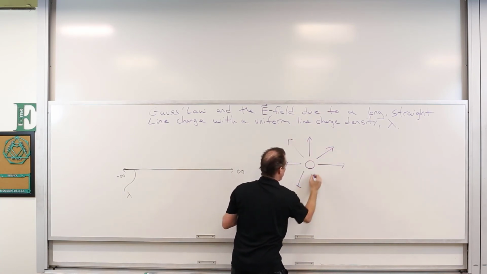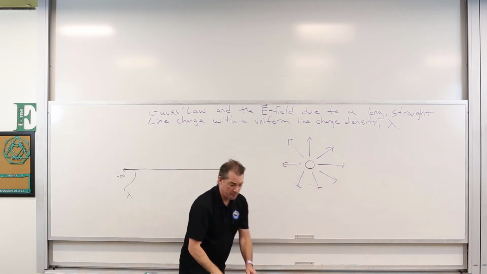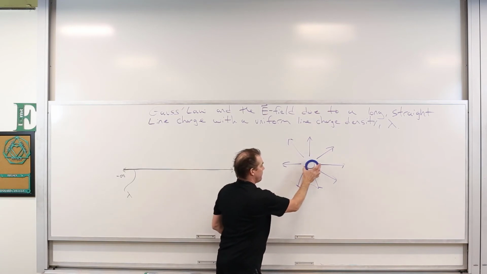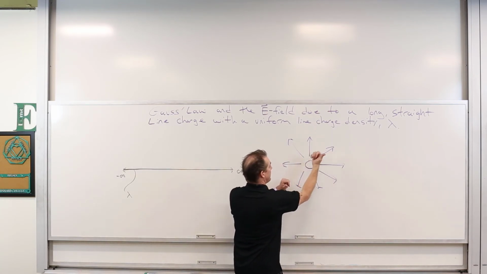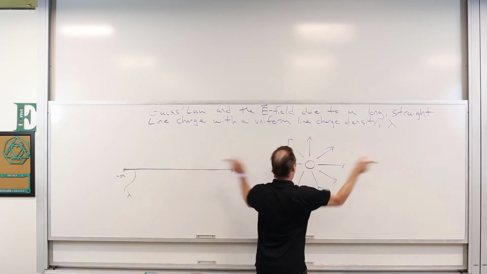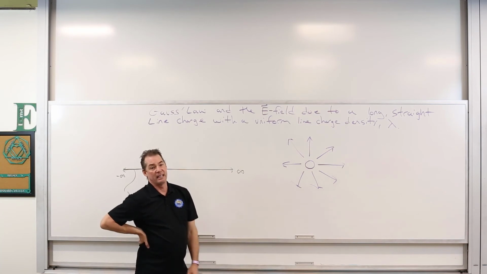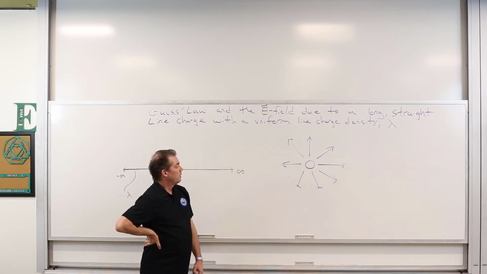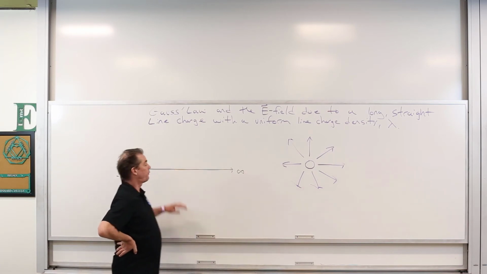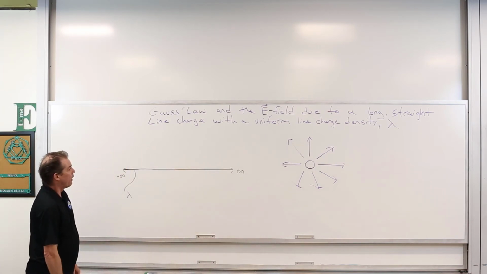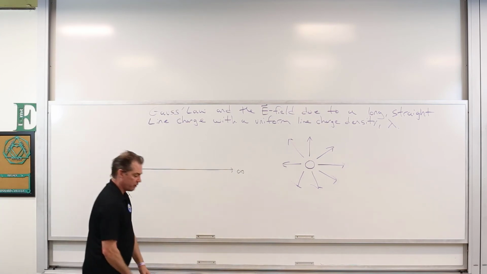In this two-dimensional view, it resembles that of a point charge, but we have to remember that this continues to go this way, so the electric field doesn't have components that wrap around in this direction. They're always pointing perpendicular to the direction that the line is pointing itself. So this is how the electric field behaves for a uniform line charge density lambda of an infinitely long straight line charge.